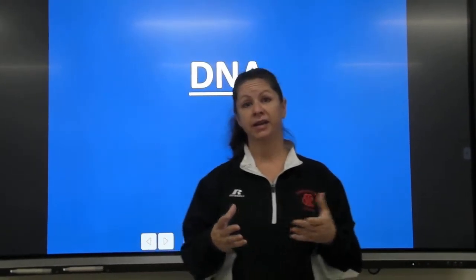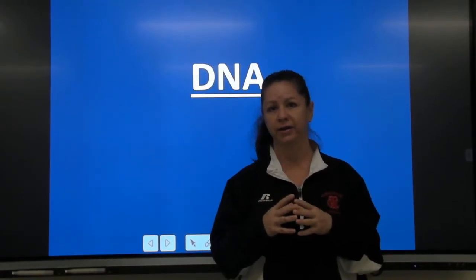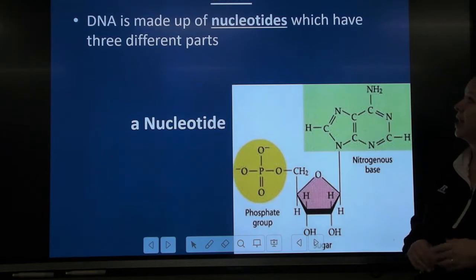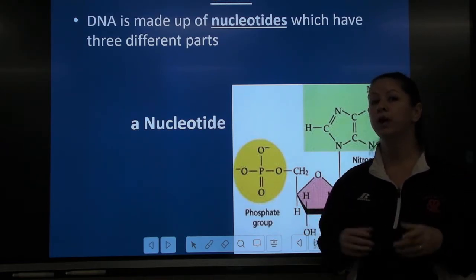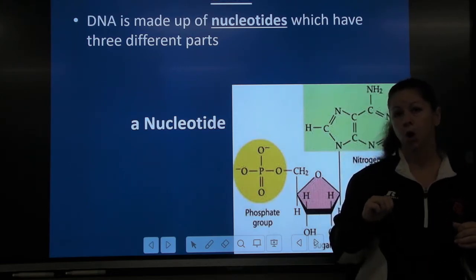Now, your genes control those traits, but all of those genes are found in your DNA. And so we're going to start by learning a little bit about what DNA is. So, DNA is made up of nucleotides, okay? And these have three different parts.